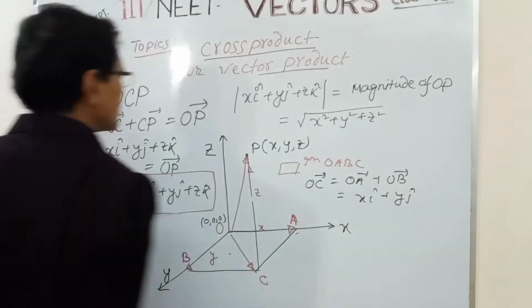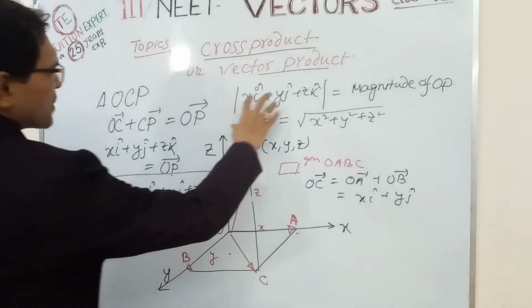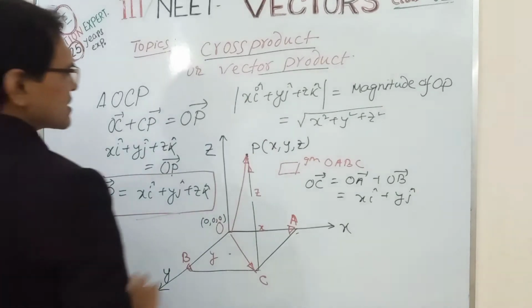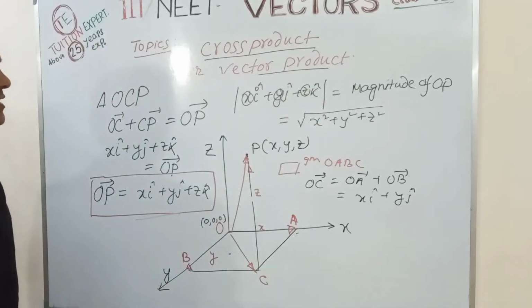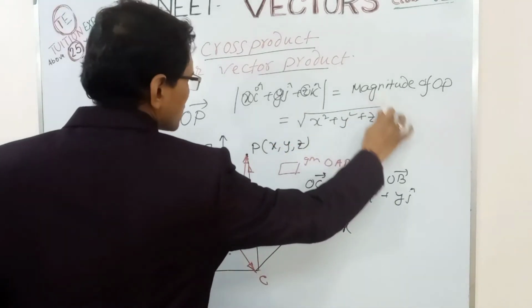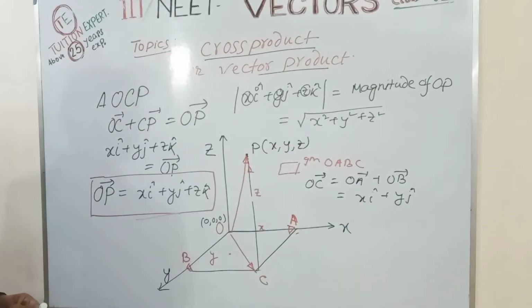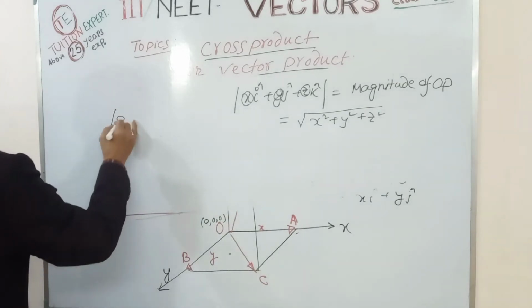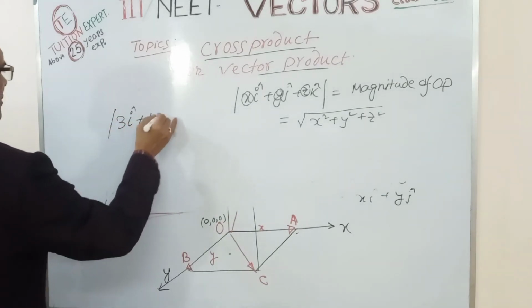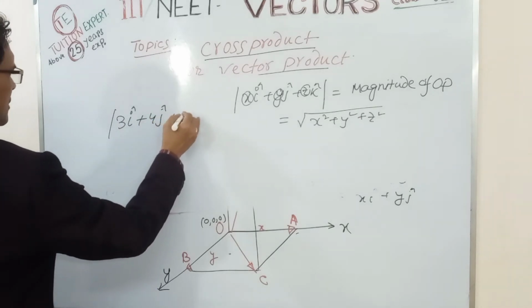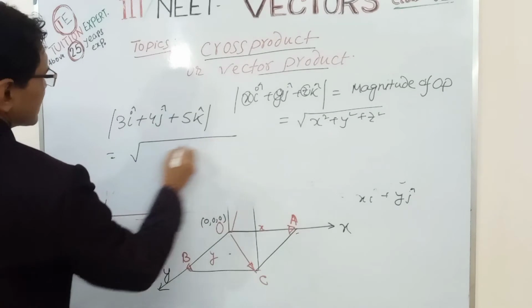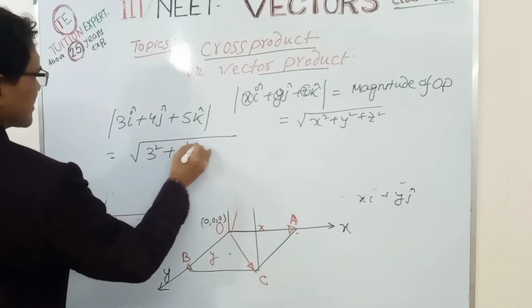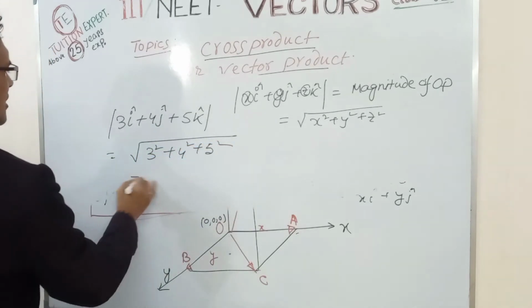We use the distance formula. So when we determine the magnitude of any vector, we just take the coefficients x, y, z, and the result will be the root of x square plus y square plus z square.